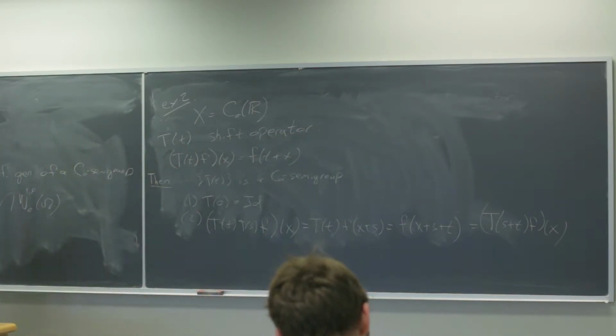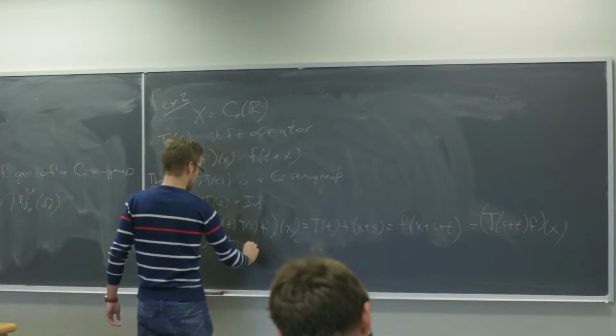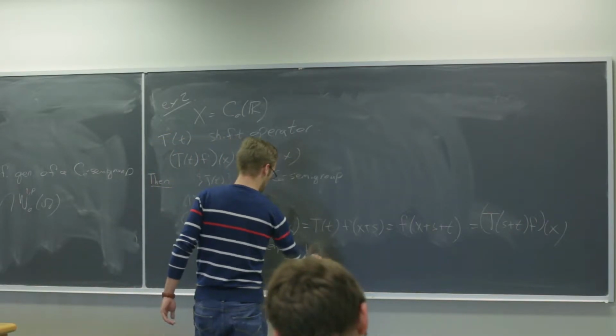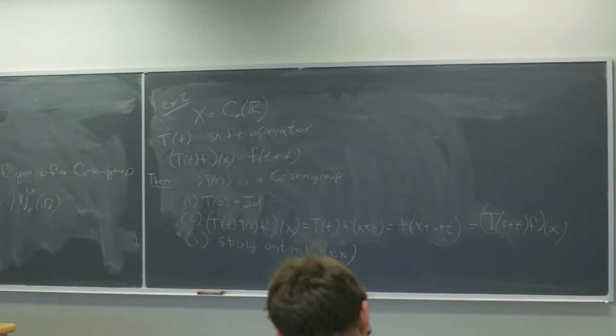So the semigroup property is satisfied, and strong continuity is just an exercise. You can check it. So this is indeed another C0 semigroup. So they come up very often.